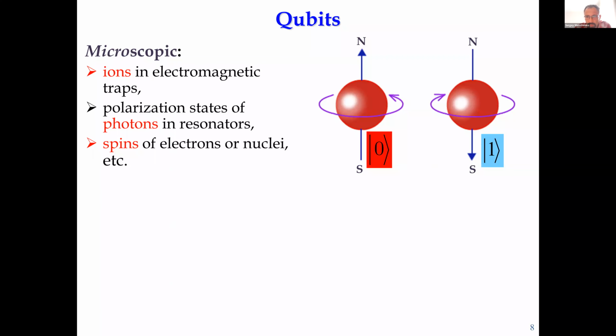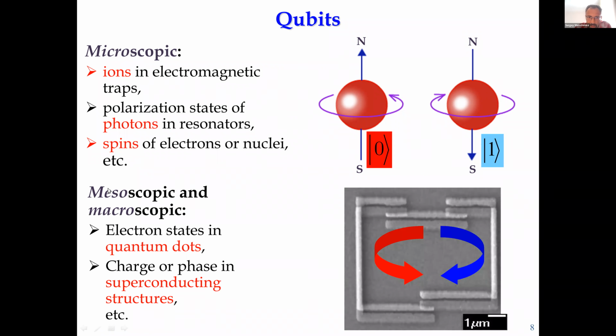So just 2 slides about qubits. These can be very diverse, but we can split them into 2 groups. Microscopic ones, like ions, photons, of which we've heard a lot today and yesterday, and spins. And larger ones, like mesoscopic and even macroscopic ones.